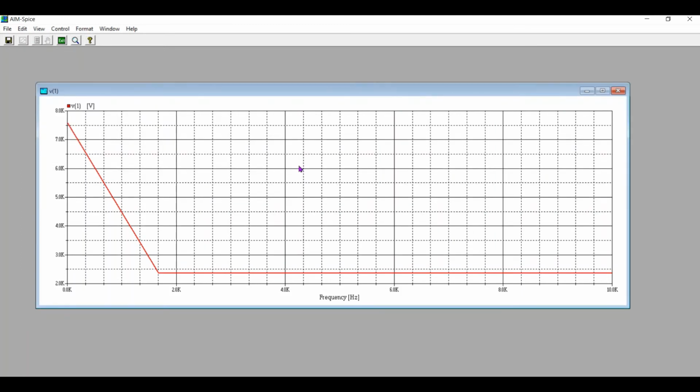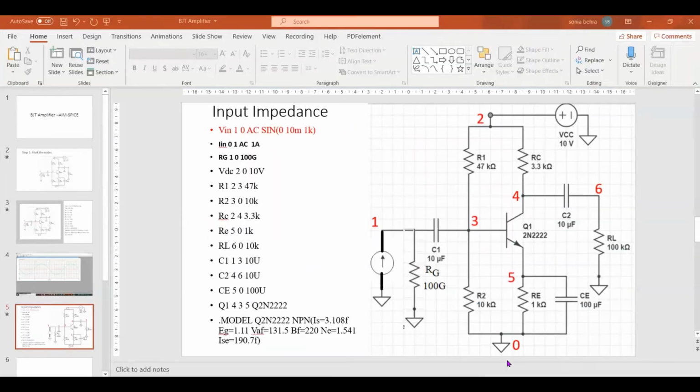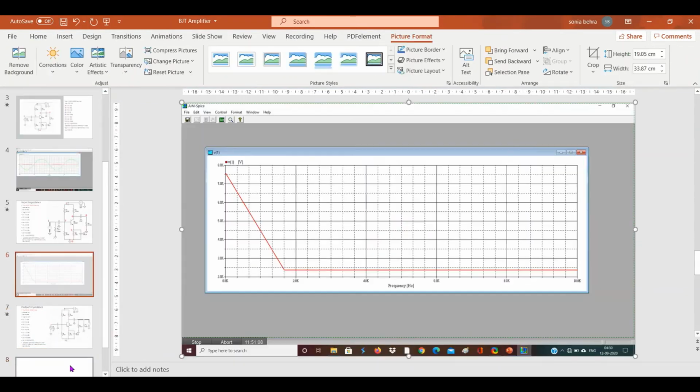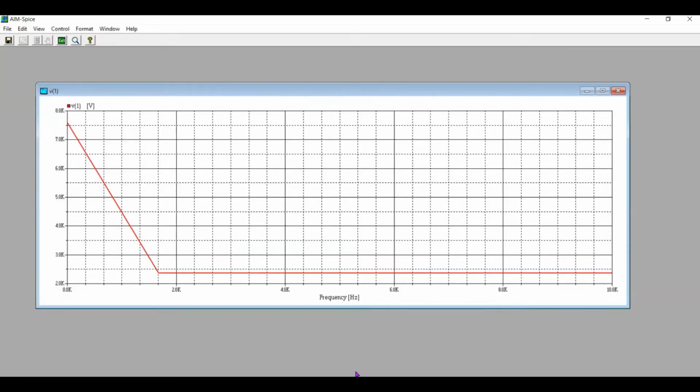So this is your waveform for input impedance. To find the input impedance, let's copy this also. So you have got the input impedance graph.